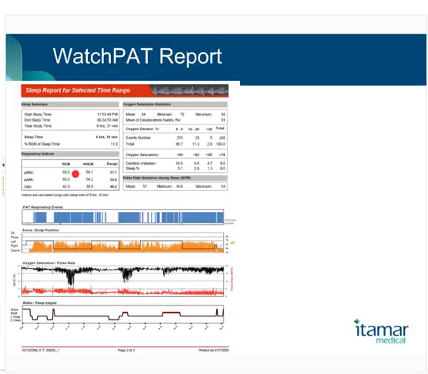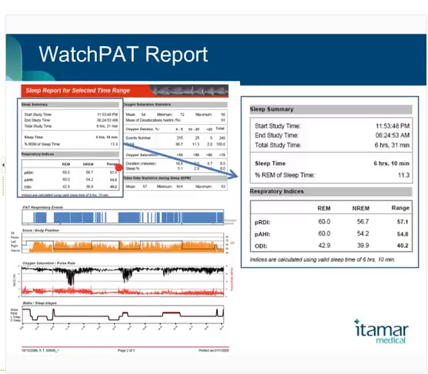And the oxygen desaturation index, or ODI, is also shown. These are the study characteristics showing the study start time, the finish time, and the total duration of the study. These are the PAT RDI, PAT AHI, and ODI signals broken down by REM stage, non-REM stage, and overall.